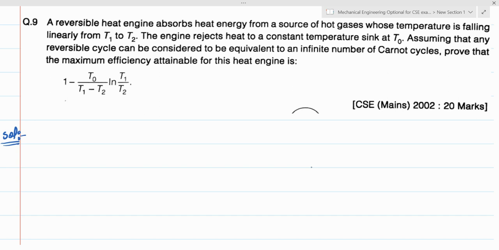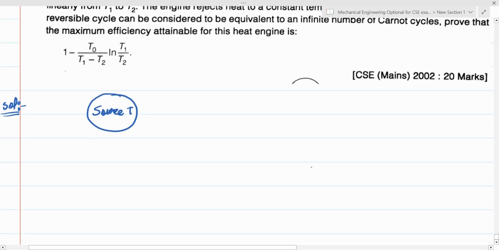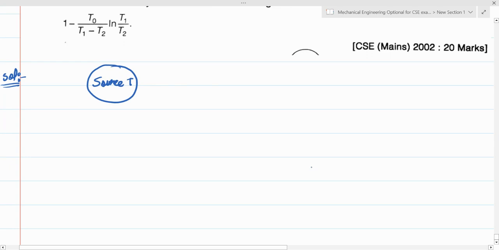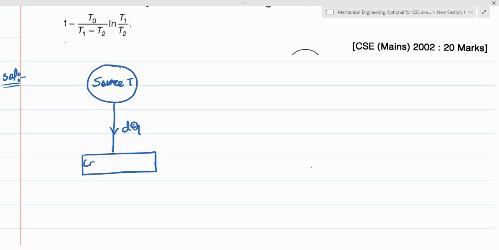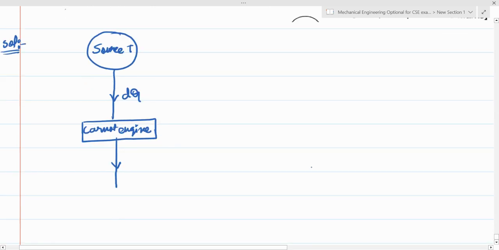Now first let us make a diagram for this. So this is a source at temperature T. Now from this source a heat dQ is given out to a Carnot engine, and from this, heat dQ2.